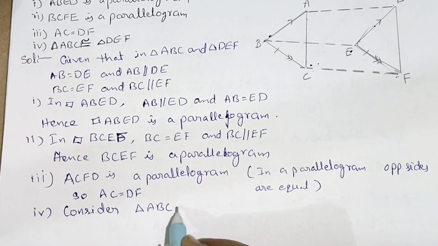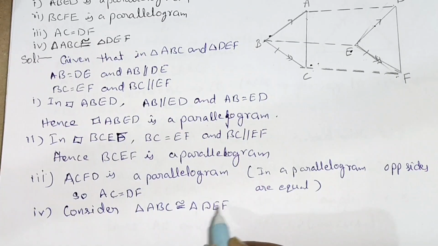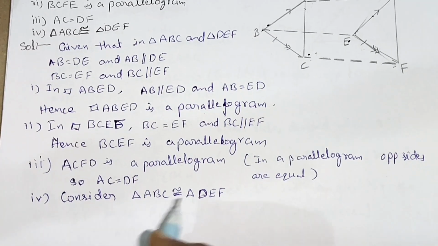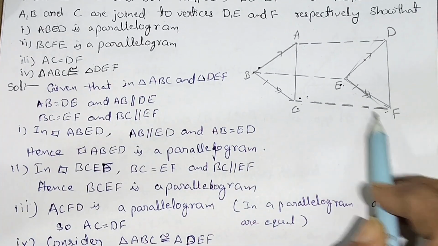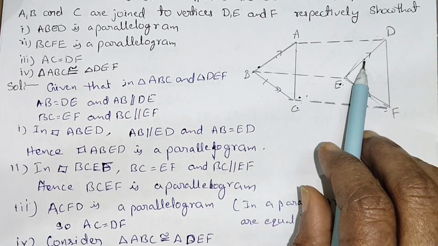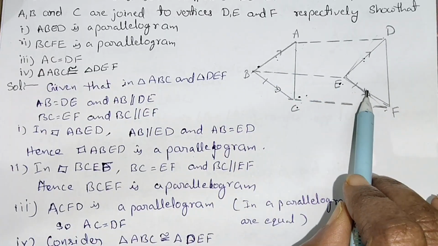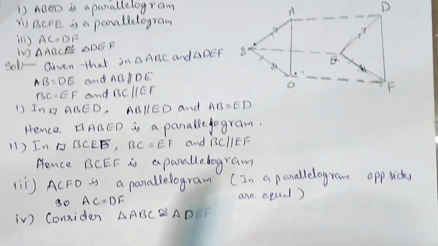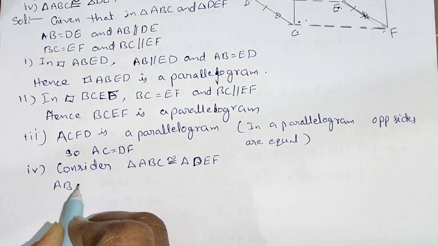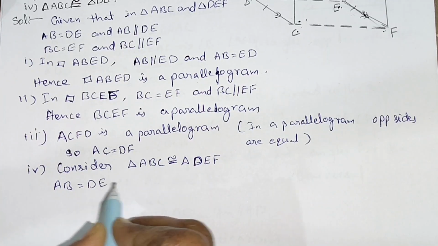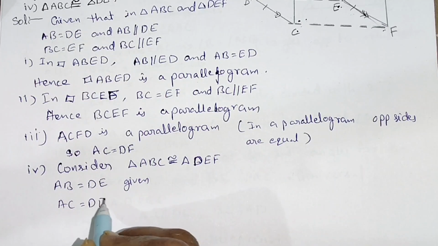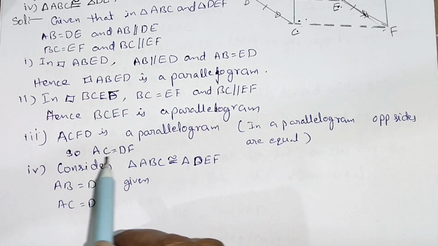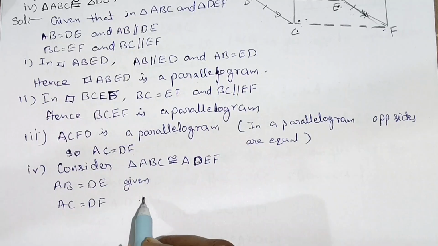Next, fourth one. Consider triangle ABC congruent to triangle DEF. These two triangles have parallel and equal sides. AB equal to DE, this is given. Next, AC equal to DF, third one already proved.